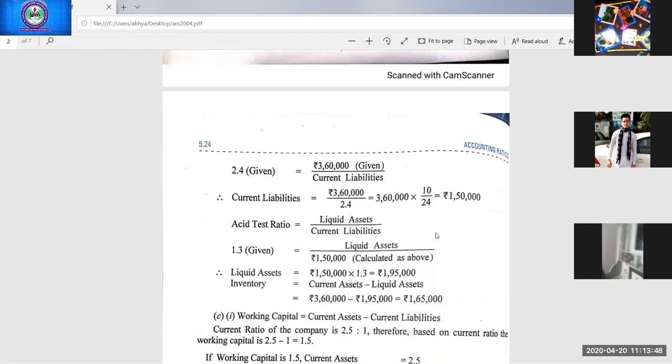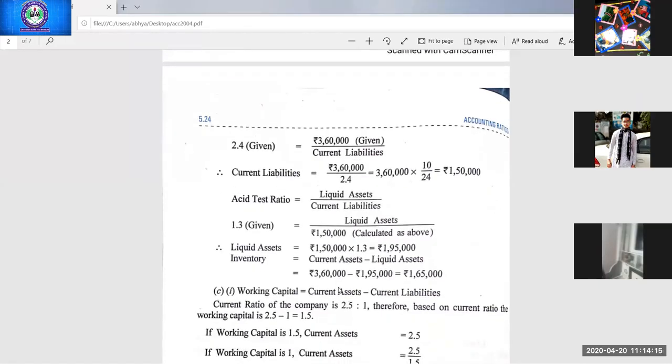You can do in any way, whichever you want, because in ratio analysis for doing one question there may be different methods. Only thing you have to note is you should use the correct formulas in correct manner and the answer should be correct. Okay, students? So answer is correct, I think. Shall I go for the next question?